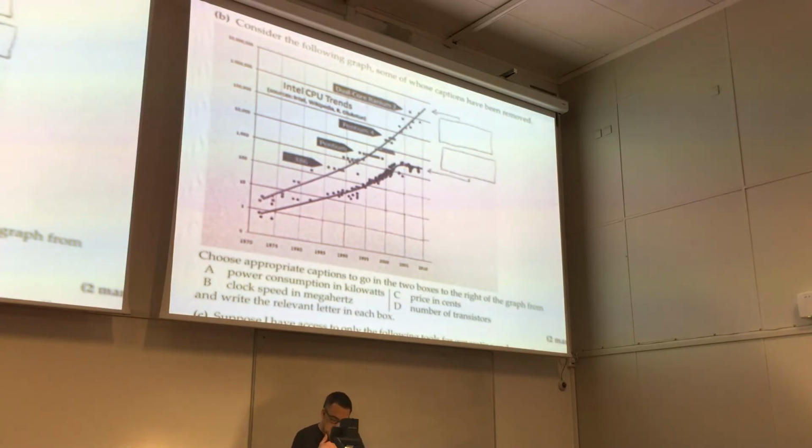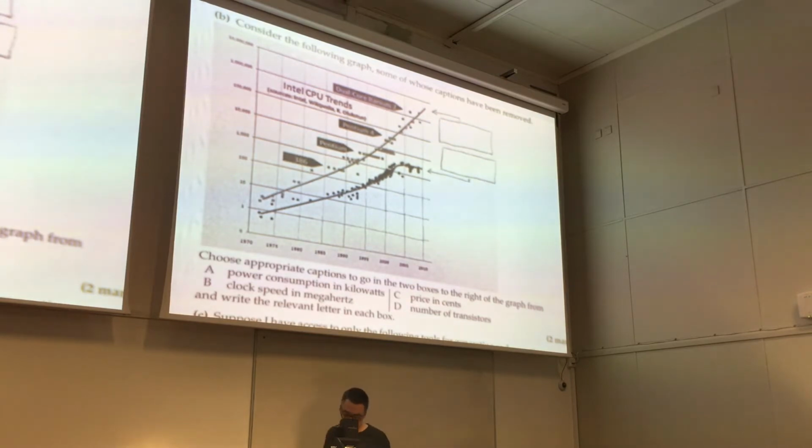And you can see that the captions have been carefully removed. The top one is something or other. The bottom one gets as far as about 2,000, growing exponentially, and then levels off. Whereas the top one keeps on going.